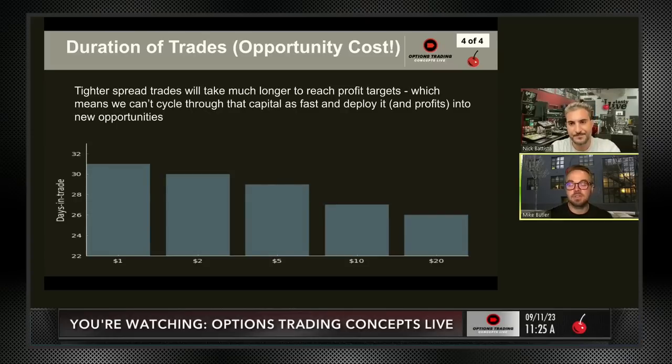You could also look at the delta. Is the delta very different between the short and long, or is it the same or similar? If you have a 5-point wide spread in Tesla, it's going to be very similar. But if you have a 5-point wide spread in like US Steel, it's going to be very different. So just keeping in mind that relatively wide or narrow can be defined as just looking at how big the difference or how little the difference is between your short and long option.